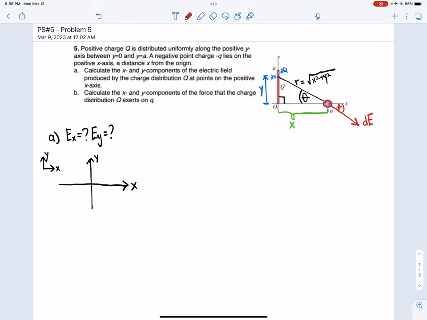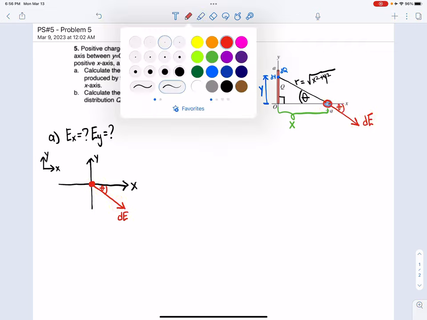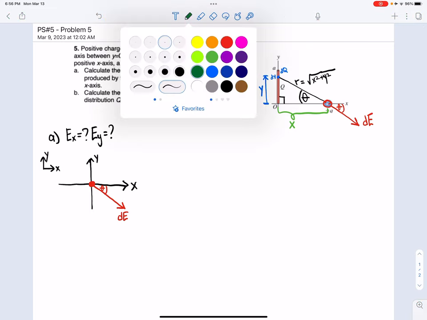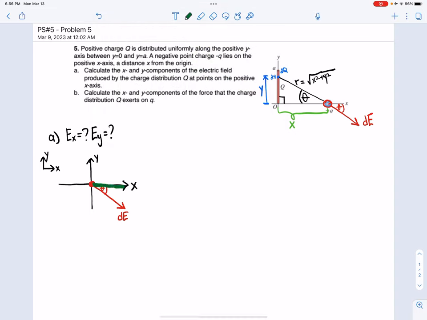And I have some dE going this way. This is dE from this point. And as we said, this angle is theta, right? So obviously, that's going to have an x and y component associated with it, and so that would be this guy right here. This would be our dEx.